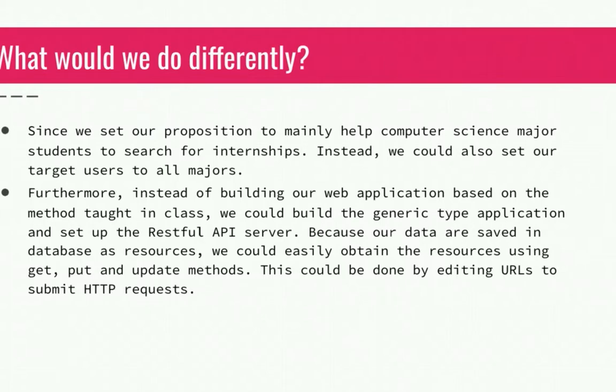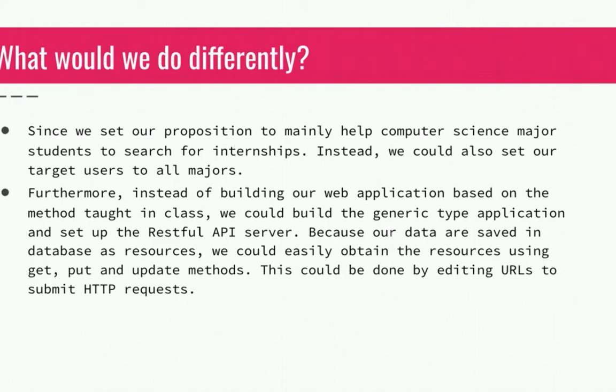Hi, this is Shimon. I will talk about what we would have done differently for our rookie job searching application and what our future plan is. Since we set our proposition to mainly help computer science major students search for internships, instead, we could also set our target users to all majors, or even a specific type of user.